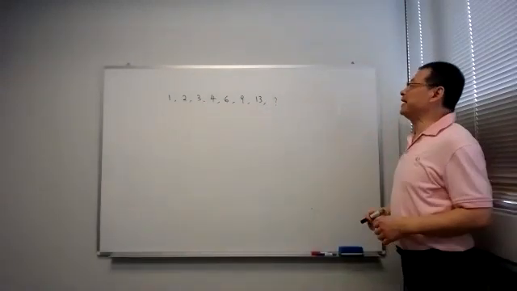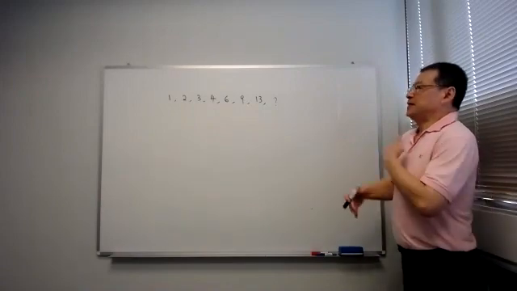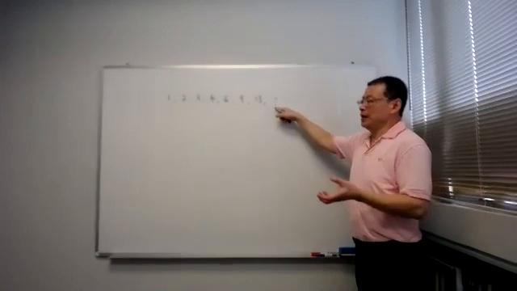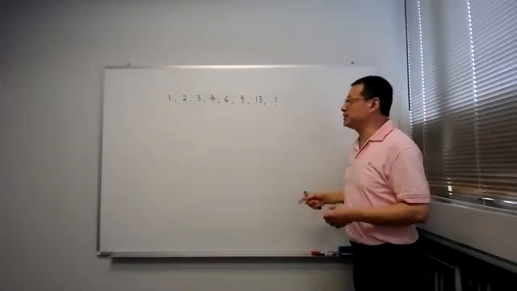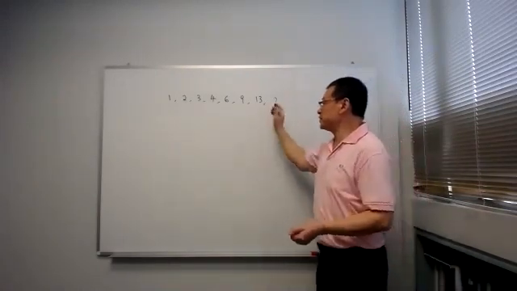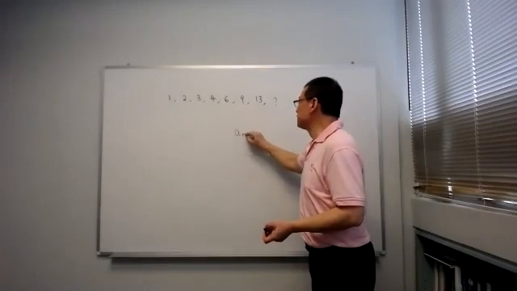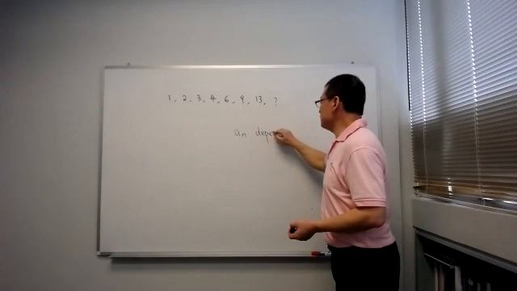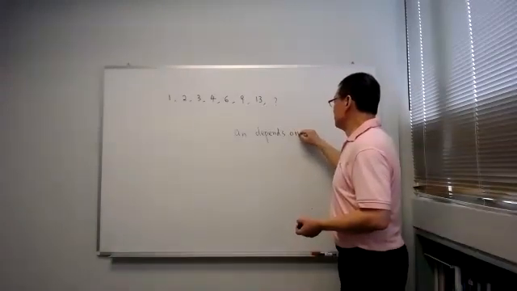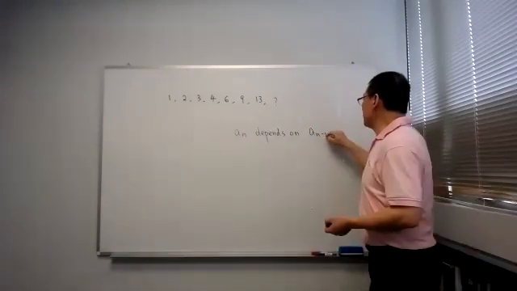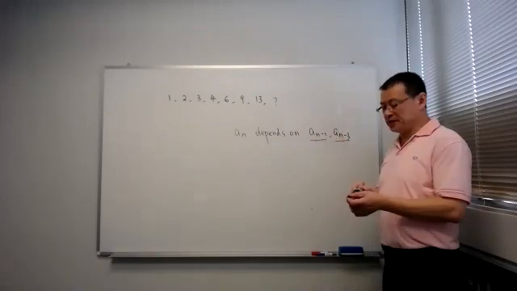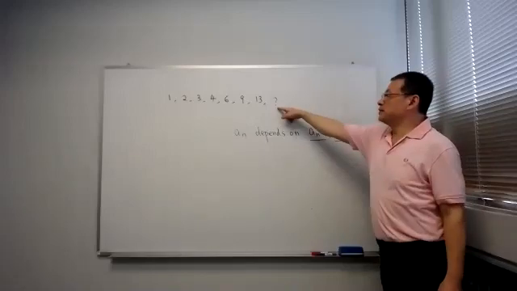But there's something more natural maybe, one that only involves the first few terms. Suppose I tell you this term a_n always depends on a_{n-1} and a_{n-3} only. So we want to determine this number.